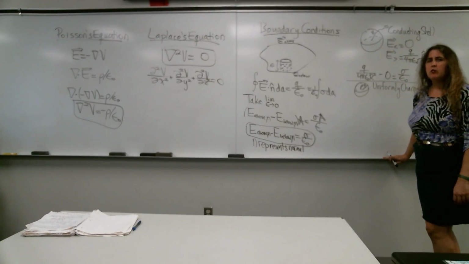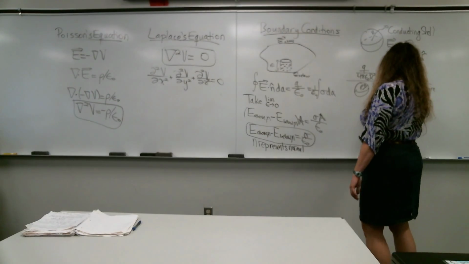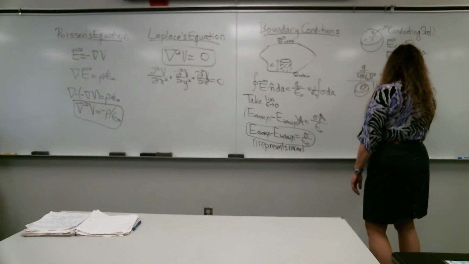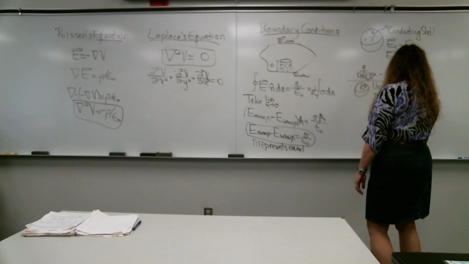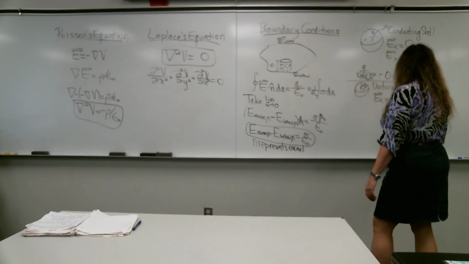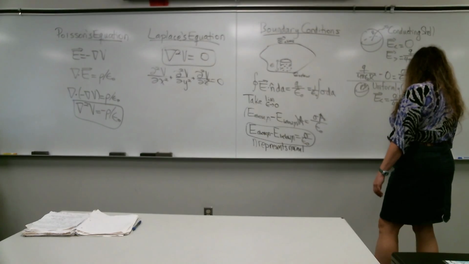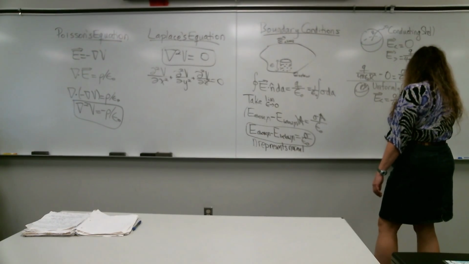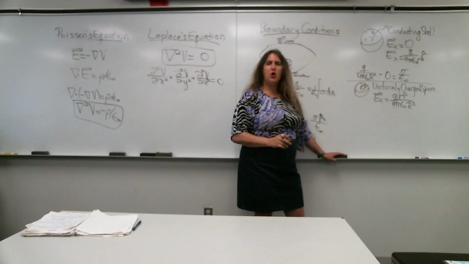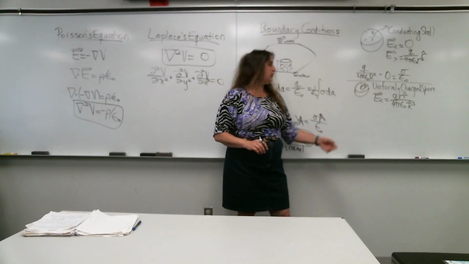The other example that we looked at was for a uniformly charged sphere. Inside, the electric field is equal to Q r in the radial direction over 4 pi epsilon naught big R cubed.